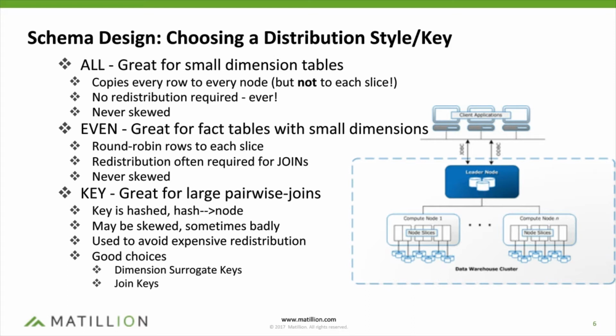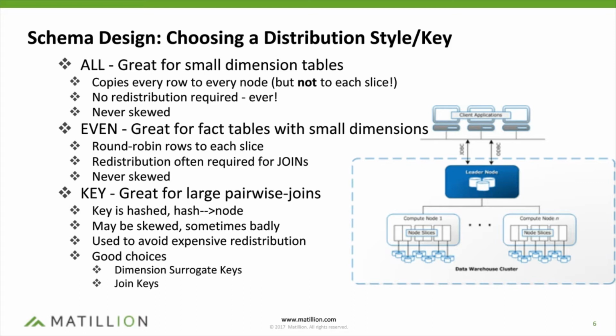But of course, if you make all of your tables distributed like this, then you're just putting a copy of the whole data warehouse on every compute node, and you'll run out of space. So it's great for small tables, lookups, dimensions, but less so for larger tables. But they can never be skewed, because that's not really a relevant concept, and they're never redistributed at runtime, so they're nice and fast.